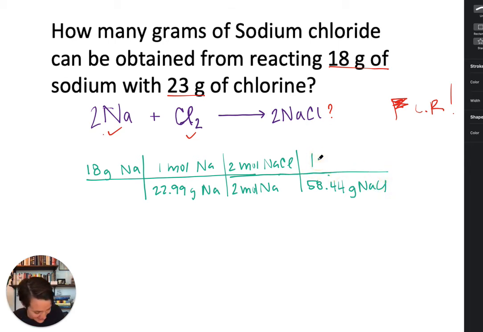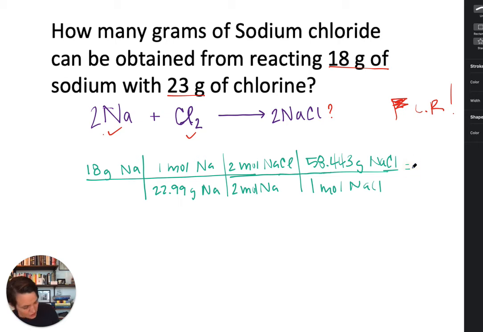Oops. See, this is where checking your work makes a lot of sense. My moles are not going to cancel out with my grams. I just got excited for finding molar mass. So this is where the picket fence is really great, right? It's always 1 mole for molar mass, 58.443 grams. It's such a simple mistake to make.